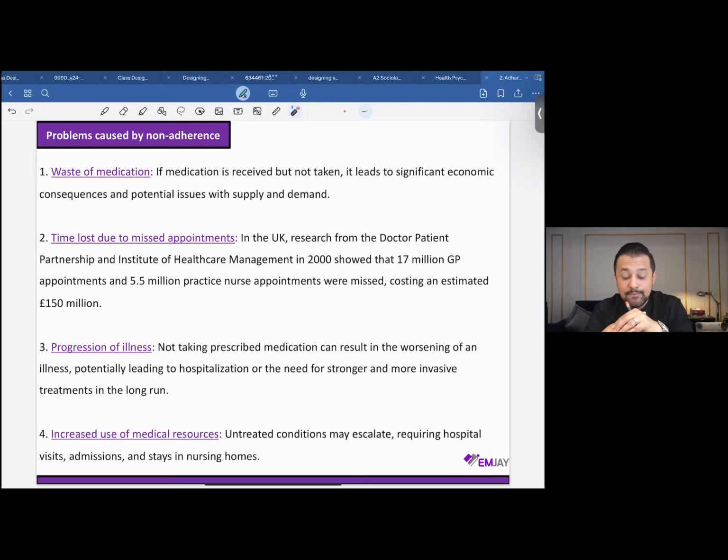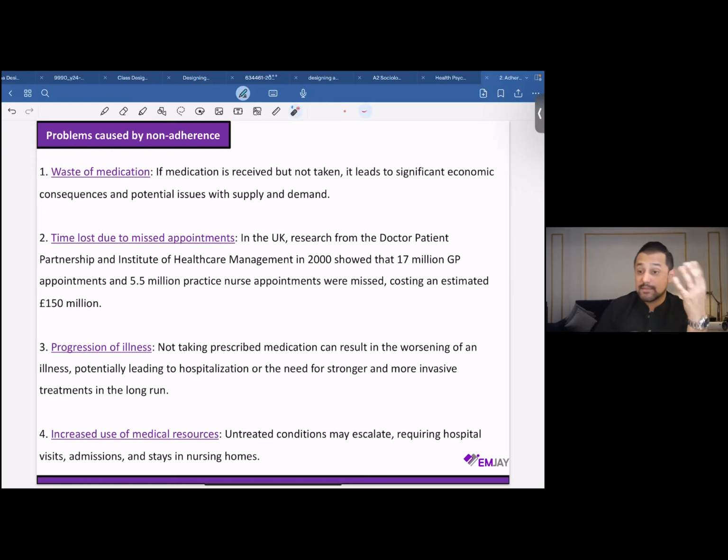So, if you're purchasing your medicine and you're not even putting it to use, don't you think that is a selfish act? The medicine that you're choosing to waste could have been used for someone who had a similar illness, and this eventually could lead to issues in terms of demand and supply.